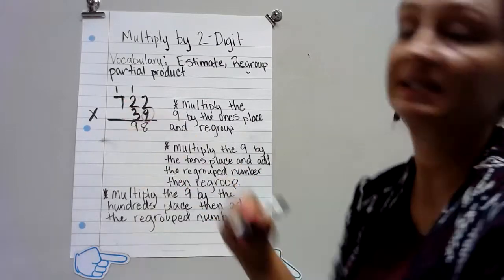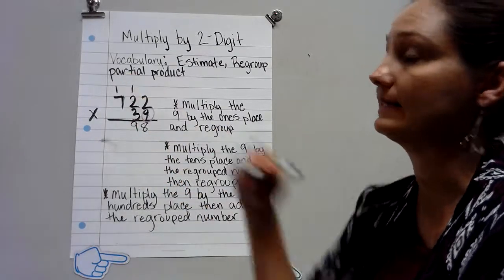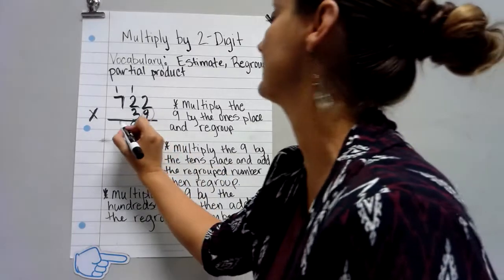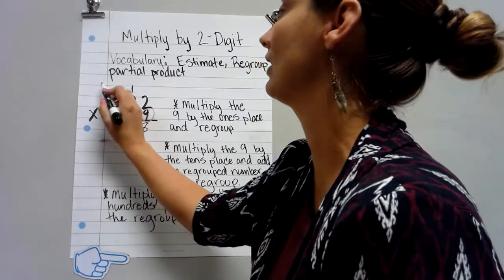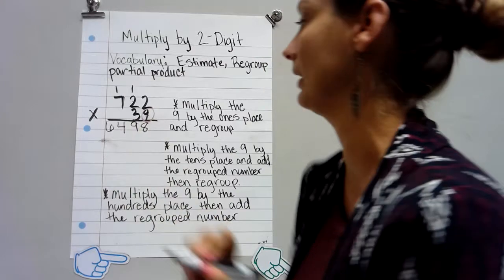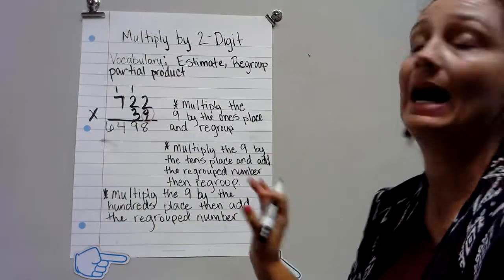Okay, so 9 times 7, 63, and then I need to add my regrouped number, so it would give me 64. So I'm going to put the 4, I would carry the 6, but remember it falls down, so it goes right here. Okay, I'm not done.